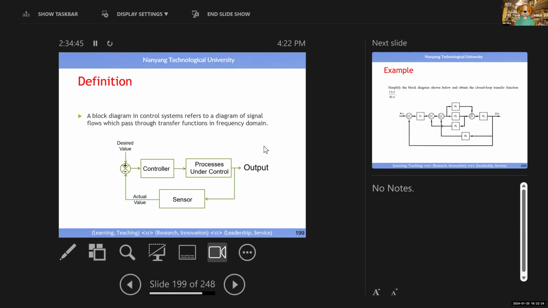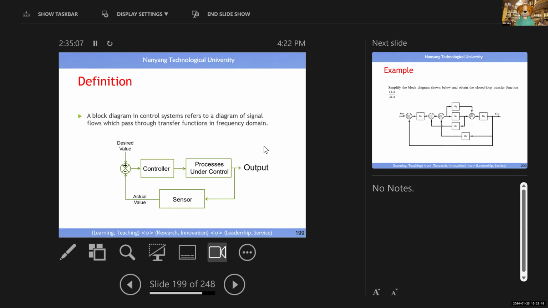So this is an example of signal flow. I use this term, signal flow, because it's easier for you to understand. But the terminology in control theory is called block diagram. But block diagram does not carry physical meaning. This is why a lot of students suffer from the study of control theory. Why do you suffer?